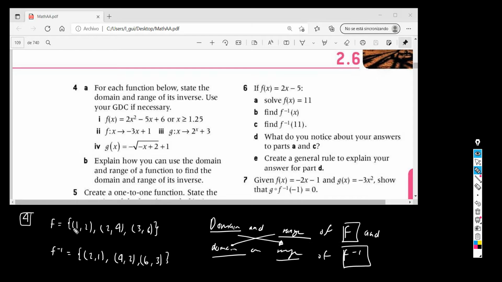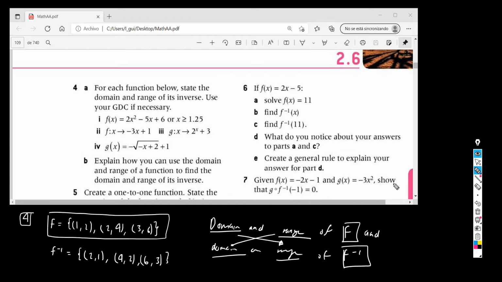And why is this true? Consider this example. This function f is represented by just a set of ordered pairs, 3 ordered pairs: 1, 2, input, output; 2, 4, input, output; and 3, 6. Once again, input, output. That's just a function, right?